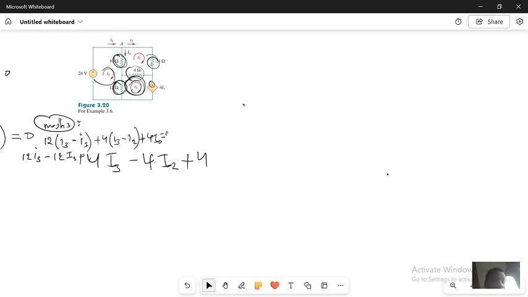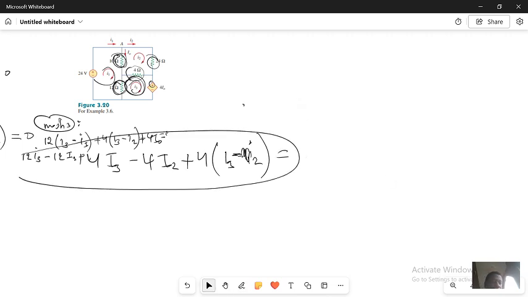What is I0? If we check, I0 is here, and this I0 is what? From KCL it is I1 minus I2, equal 0. So you will solve this one again.